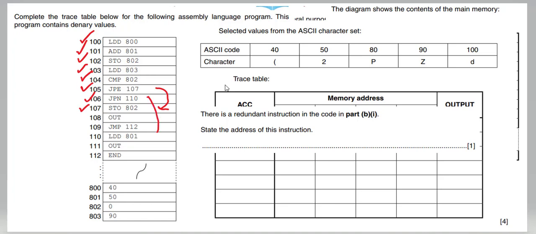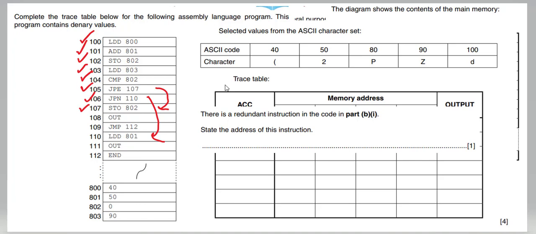Jump to 110. Okay, so I know that all of these could run, which is absolutely fine, but let's have a look at what isn't actually needed.